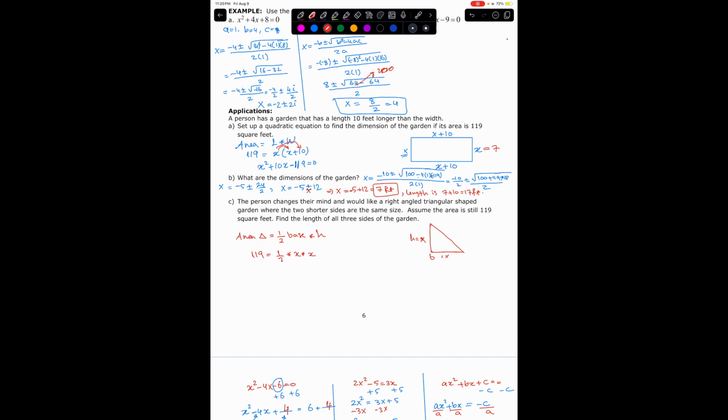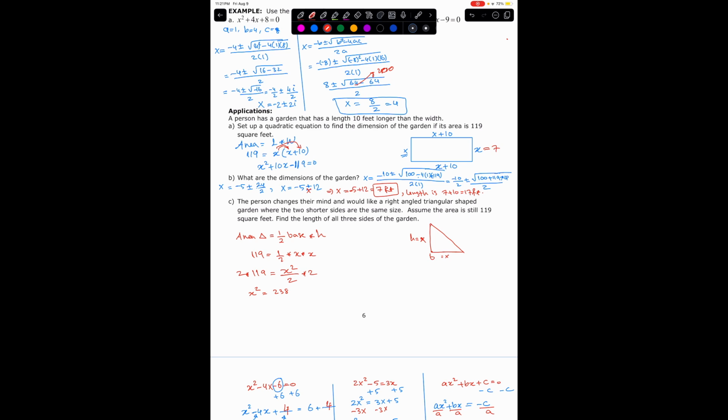So x squared, or half x squared, equals 119. X squared over 2. If I multiply both sides by 2 just to remove the denominator, I will get x squared equals 238.